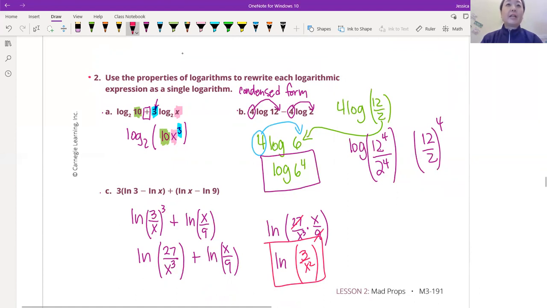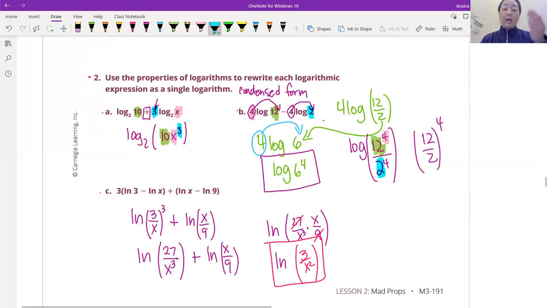All right, now let's see if I can color coordinate some of these as well. If we look over here with the log, the 12 right here is this 12, and then it's to the 4th power. So here's the 4th power right there. And then we got the 2, which was this 2.